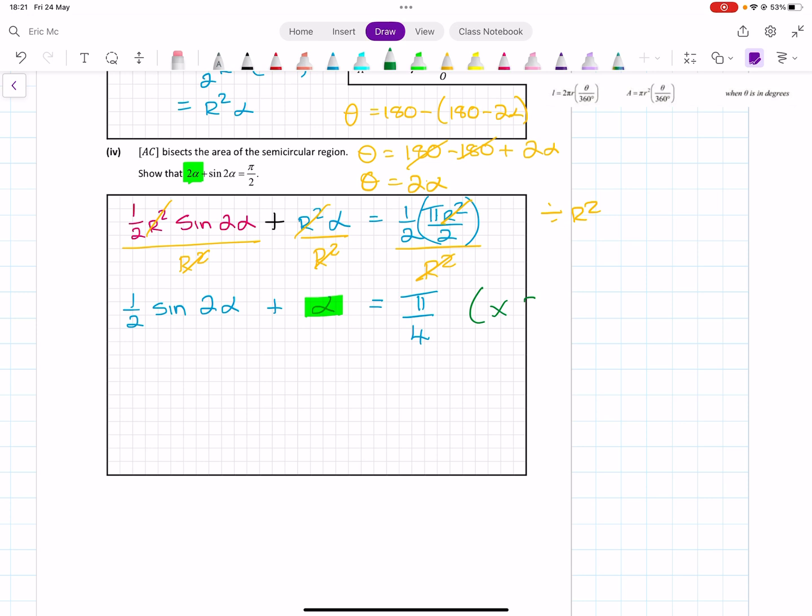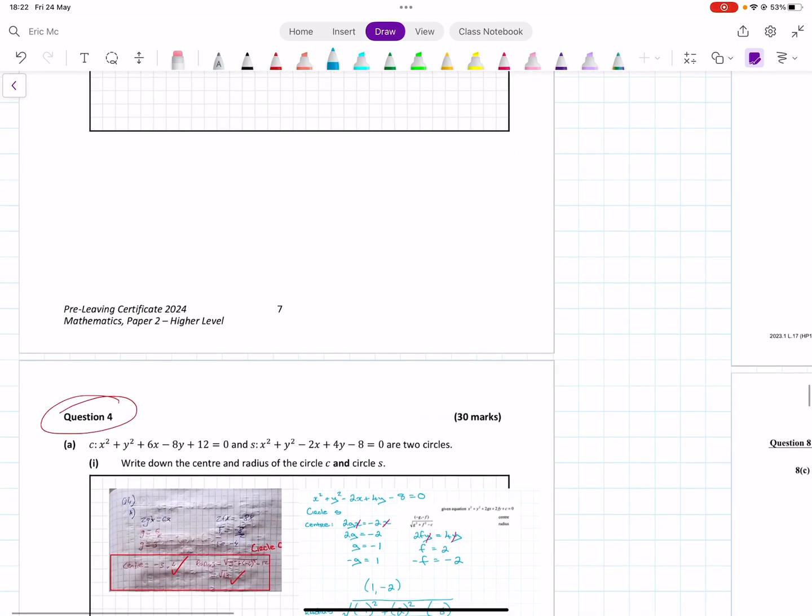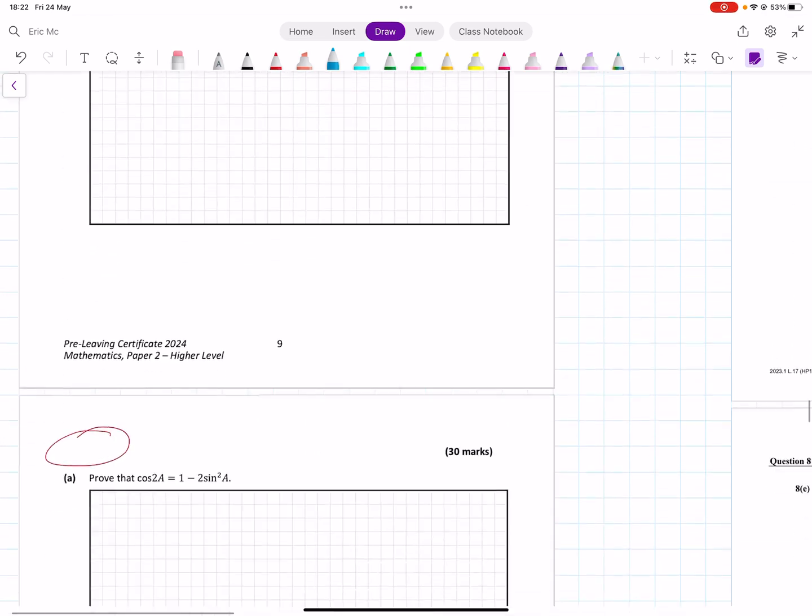So if I multiply everything by 2, I get rid of the half, it's just sine 2 alpha. If I multiply this by 2, I get 2 alpha, which I wanted. And if I multiply this by 2, 2 into 2 goes once, 2 into 4 goes twice. So I get pi over 2. And that's done.